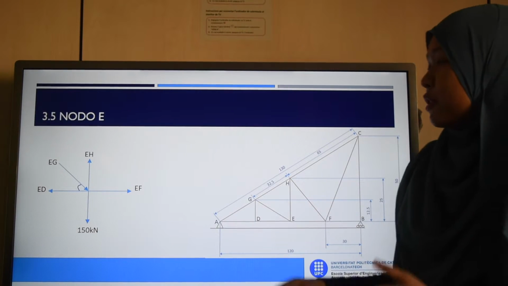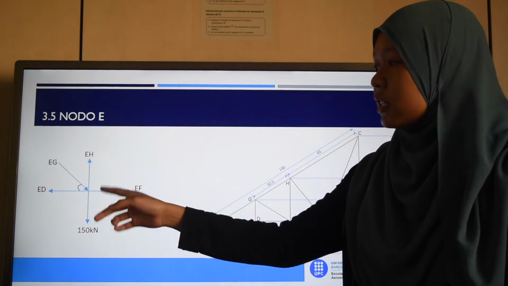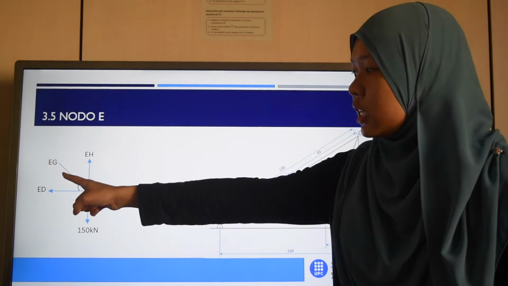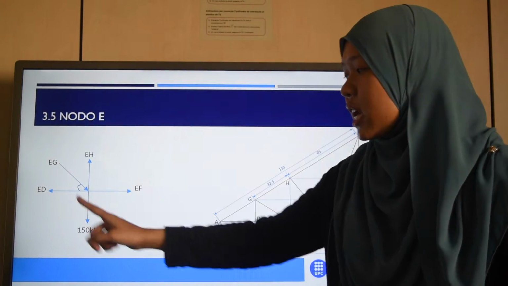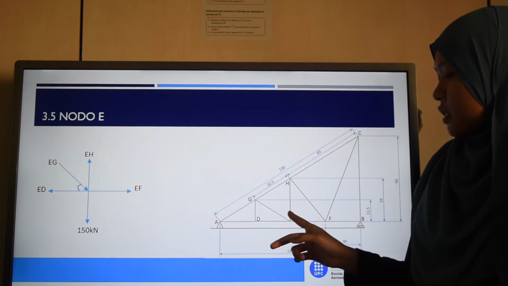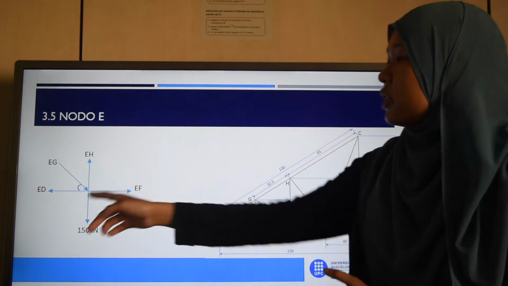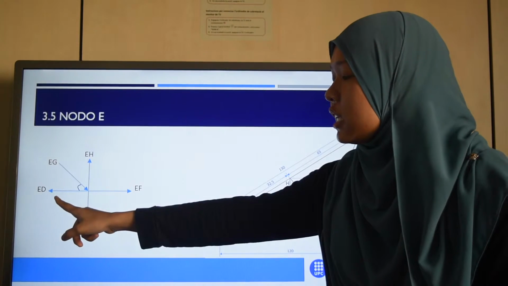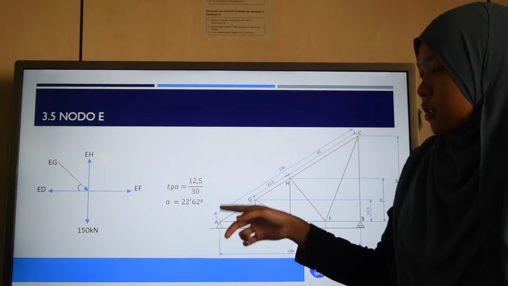Next, node E. We also draw all the forces that act on this node, and here we have GE, which we found in the previous calculation, and ED, and a vertical force acting downwards. Between GE and ED, we can find the angle here is 22.62.